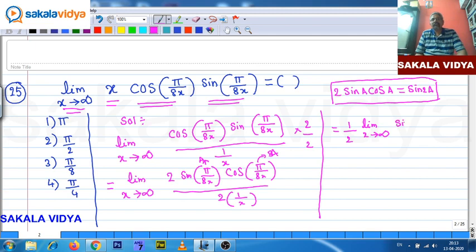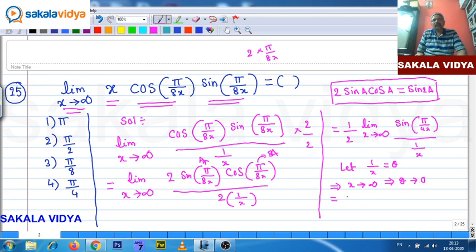That means sine of 2 into pi by 8x, that will be sin pi by 4x upon 1 by x. So let us say this 1 by x is equal to theta. Very interesting, as x extends to infinity, theta tends to 1 by infinity, meaning 0.